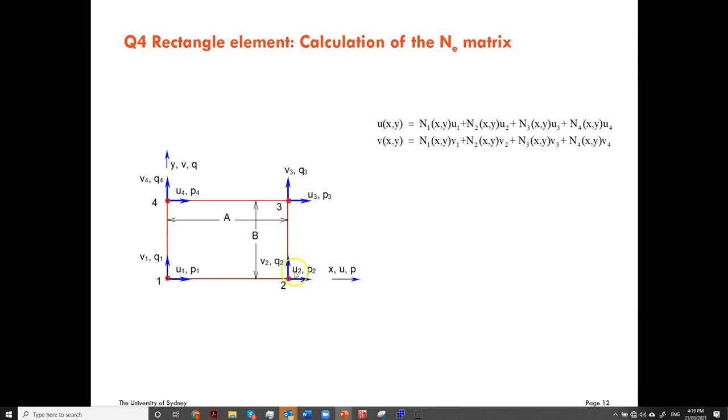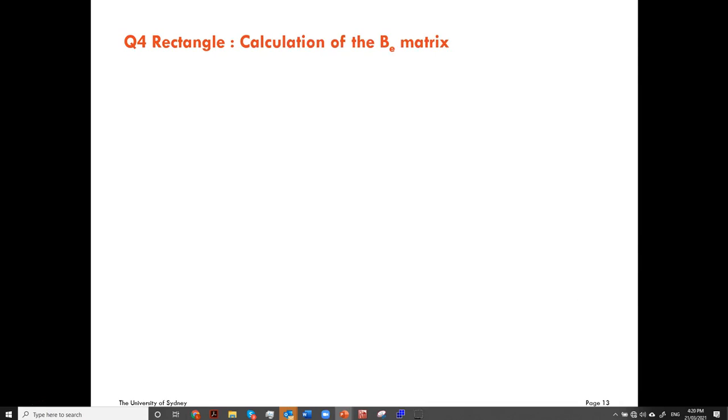Here are the displacements in each node, and this is the load applied in each node. So the N matrix can be identified here by converting these equations into matrix equations. This is the displacement in every point, and this is the row vector of the nodal displacements, and you can see that the N matrix is going to be larger than in the previous case.